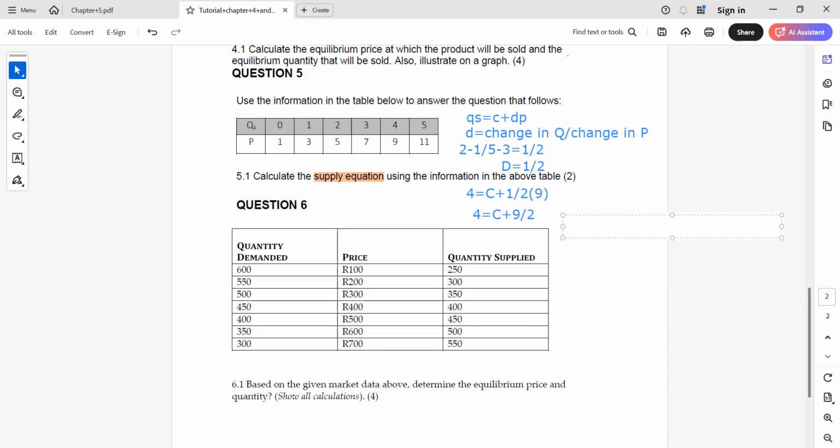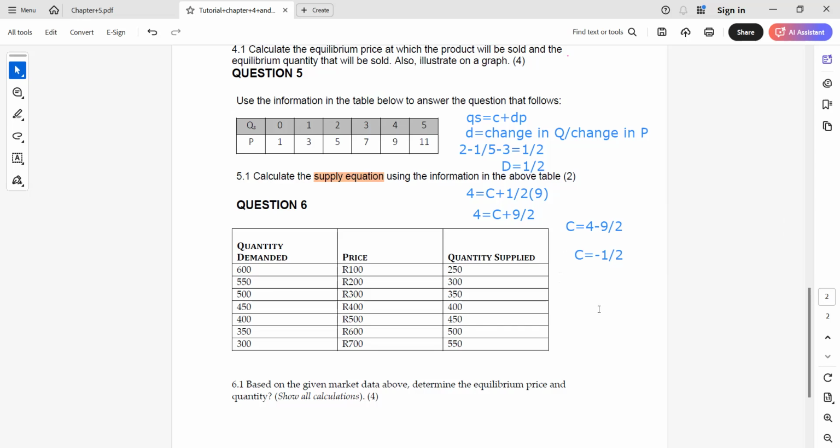So I'm going to have C equals 4 minus 9 over 2, because 9 over 2 is positive; if it goes that side, it's going to be negative. So 4 minus 9 over 2, what do I get? I get negative 1 over 2. So my C is equal to negative 1 over 2.